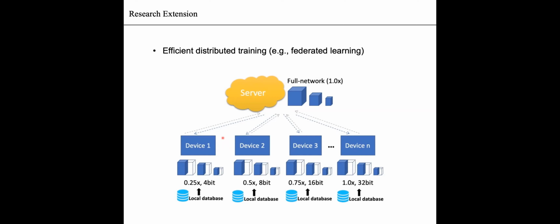Maybe here we quantize the weights into only 4 bits to facilitate the communication aspect. So in this case, we are able to encourage efficient learning over the air. So that's for the federated learning paradigm, and this is ongoing research here.